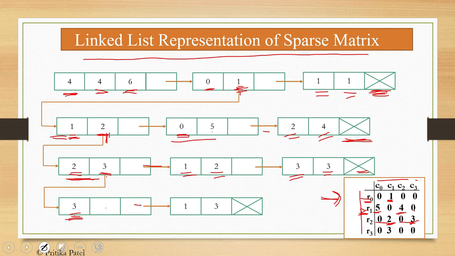Yes, the next column is column number 1, which has value 3. Now no other non-zero elements are there, so it ends with null. So this is the linked list representation of the sparse matrix using the given matrix. Thank you.